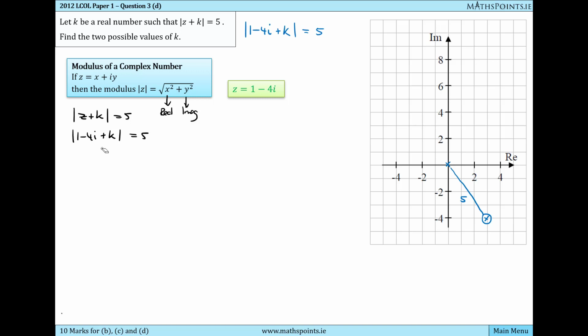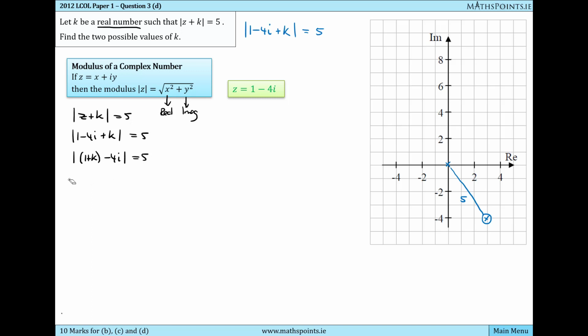We're told that k is a real number, and so we're going to add k to 1, the real part of z. And we get that the modulus of 1 plus k minus 4i is equal to 5. Now 1 plus k is the real part, and minus 4i is the imaginary part.